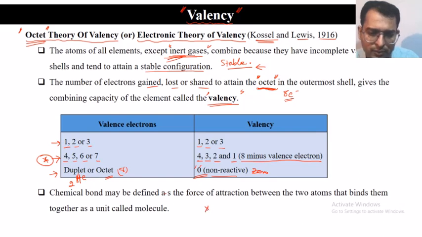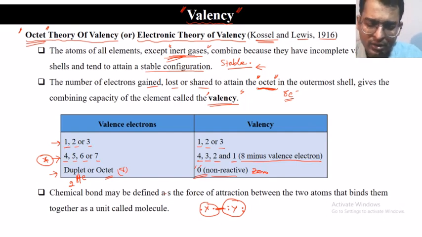Suppose there is an element X and an element Y, they have to attract each other and they will form some bond. There can be different types of bonds, ionic bond, covalent bond, but it is the force of attraction between the atoms which will make them bind together to form a molecule.